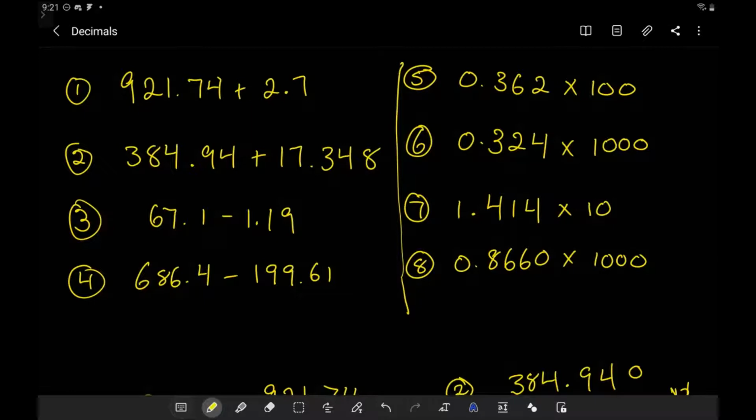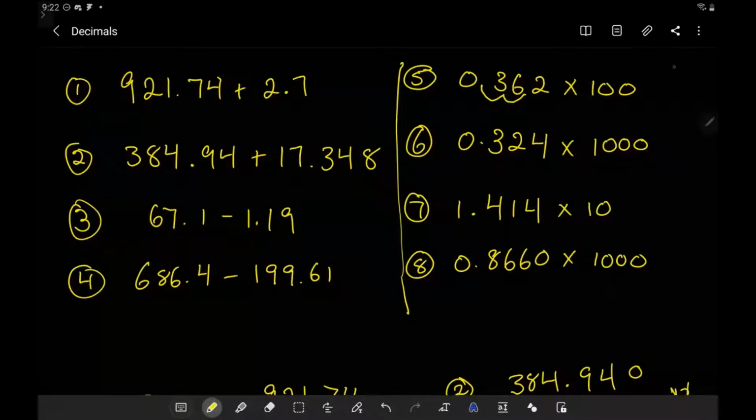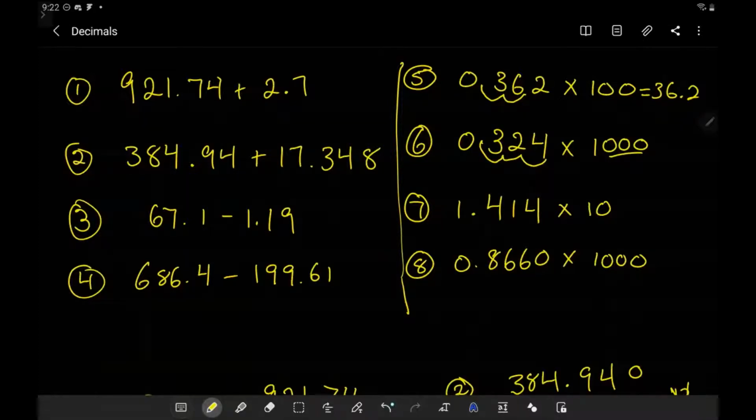So to multiply a number by 100, we just move the decimal point 2 places to your right. So this would be 36.2. This one, you move the decimal 3 places. 1, 2, 3. It's essentially like you're moving the decimal places, the number of zeros that you have. All right, but this is a trick with only powers of 10.